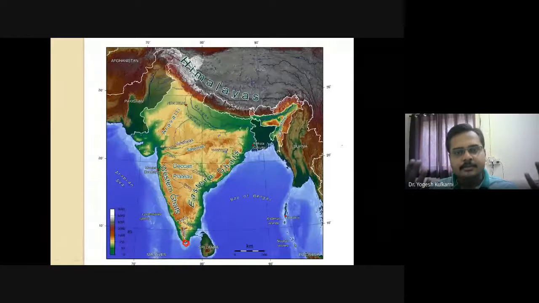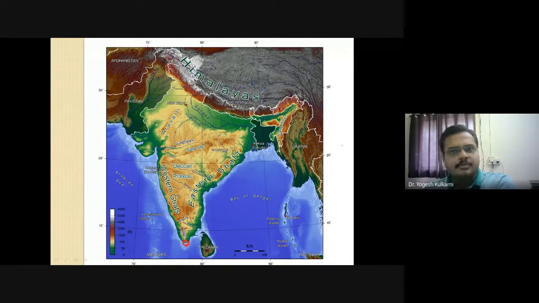It takes 2 or 3 months because each and every rock type is classified. There are super groups, groups, subgroups. Then there are some formations. So a number of formations, a number of rock names are given for that particular layer.